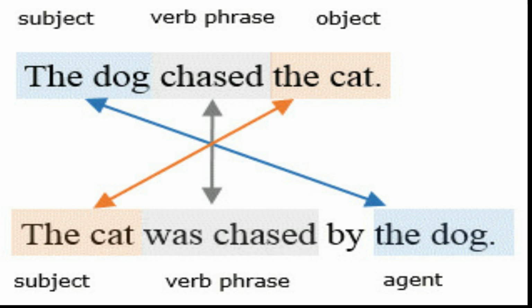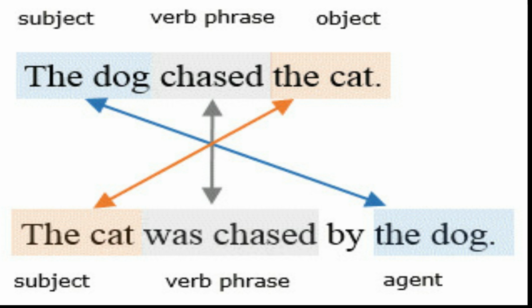Look at the second sentence. Now the passive voice, the cat was chased by the dog. You notice that in the first sentence, we started with the subject, which is the dog. And chase is the verb. The object is the cat.